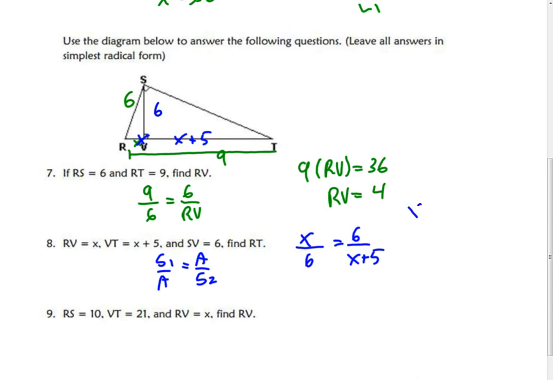Yeah, they don't distribute it. That's sometimes what I see. So this is going to be x squared plus 5x equals 36. A lot of times I see x squared plus 5 as a solution to that.